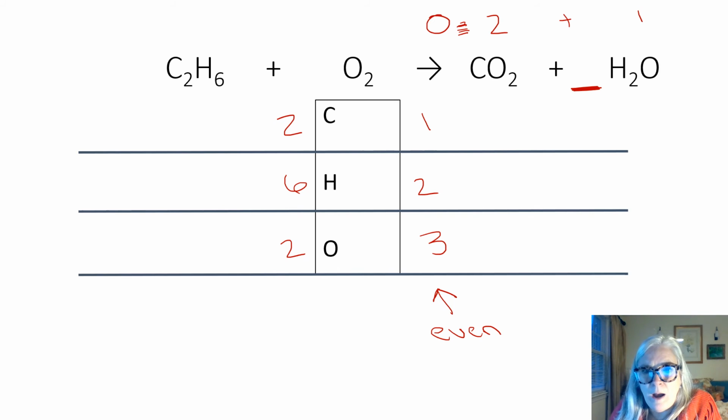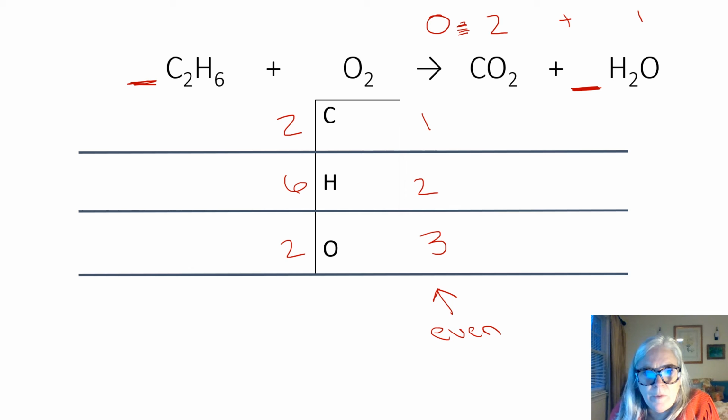Right now, I would need to multiply this by 3, which means I would put a 3 in front of there, and that would change oxygen to 3. That's not going to work. Okay, so right away I know I need to change the coefficient on this side. So I'm going to erase this.